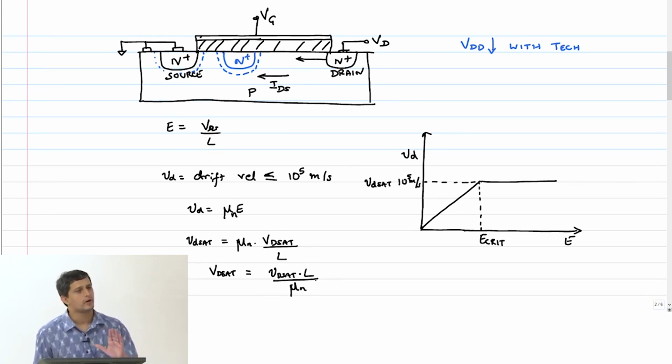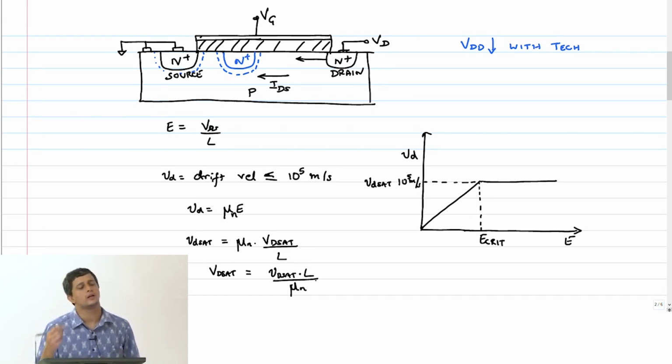So now what have we done? We have taken the drift velocity problem and translated it to a voltage equivalent value. If I apply a drain voltage that exceeds this Vd sat value, then I cannot get any further increase in drift velocity, which means that my current will saturate.